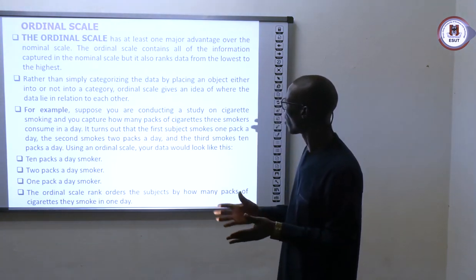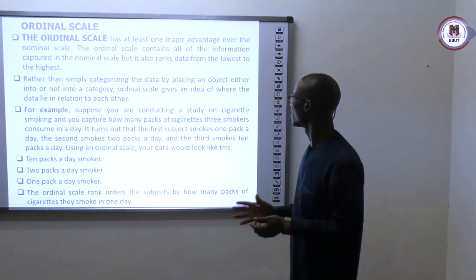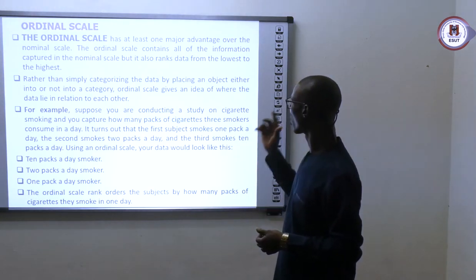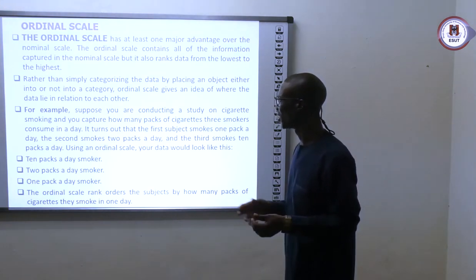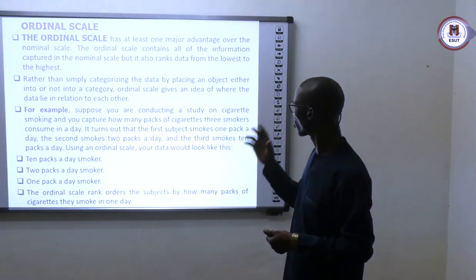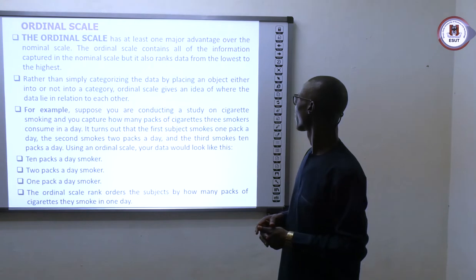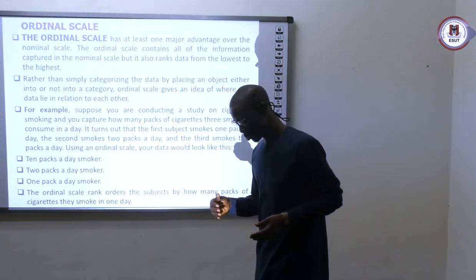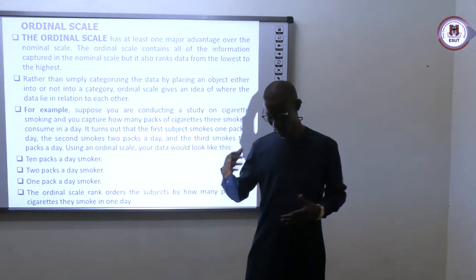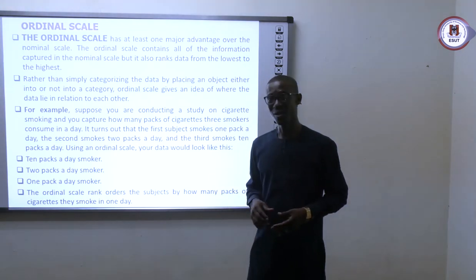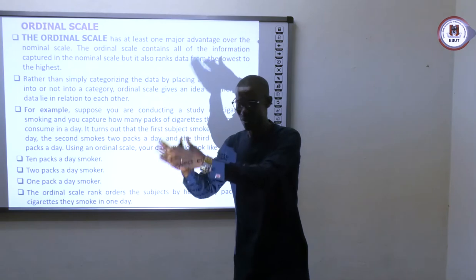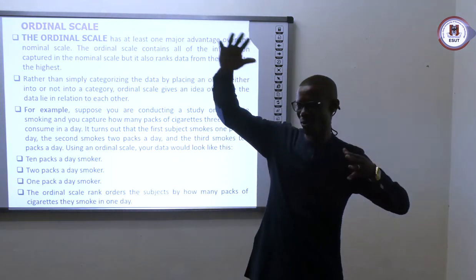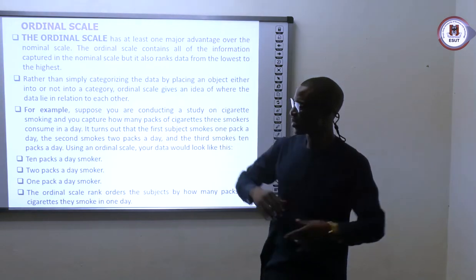So ordinal value has at least one major advantage over nominal value. The ordinal value contains all the information captured in the nominal value, but it also ranks data from the lowest to the highest. We discovered that the nominal data only nominated that this is man and this is woman, but it did not order them in terms of which one is lower and which one is higher.